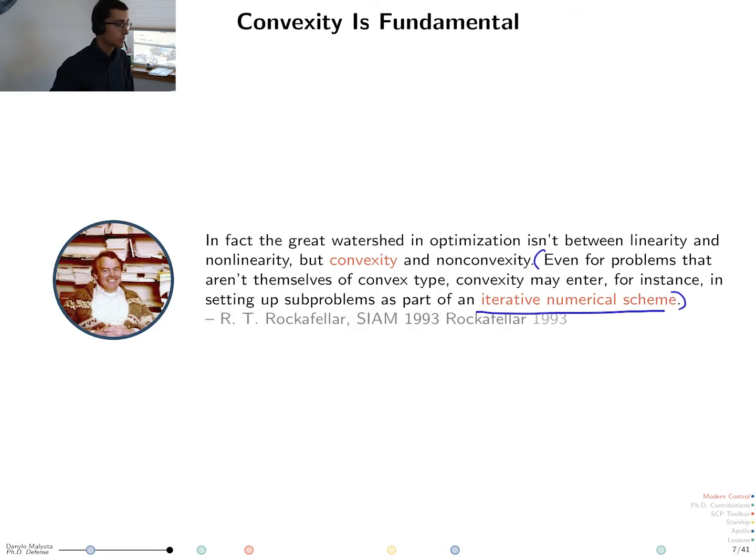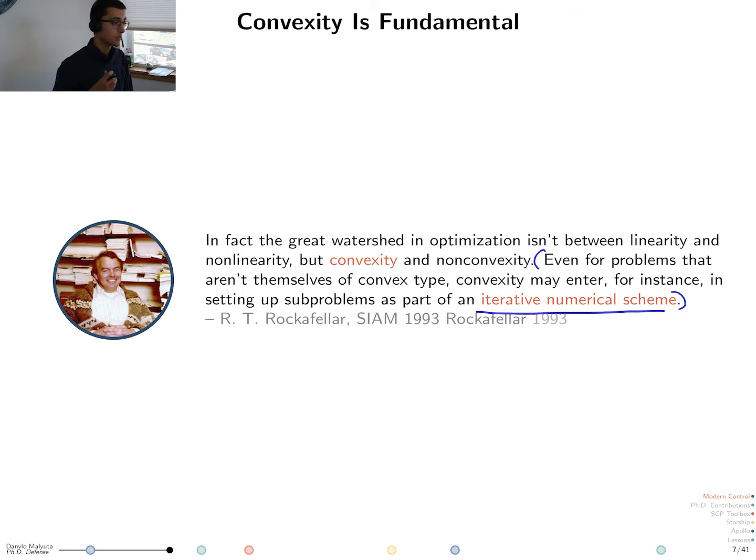A very famous and really fundamental professor to the study of convex optimization, actually a professor at the University of Washington, Terry Rockafellar, said this nice quote in the 90s, that the difference between easy and hard problems is not between linear problems and nonlinear problems, which is kind of the view of the early 20th century, but it is the difference between convexity and non-convexity.